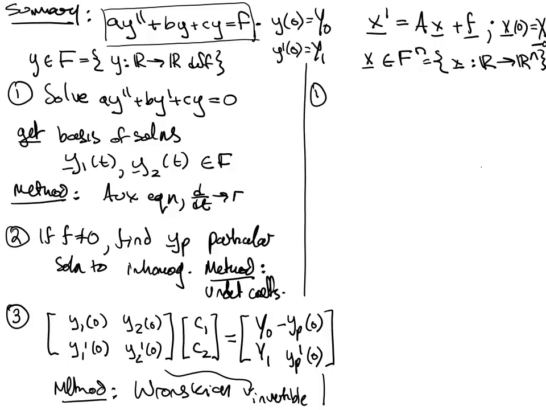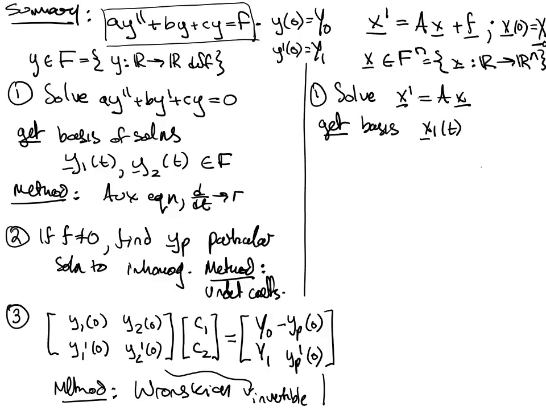But actually at a high level the steps are exactly the same. So the first step is to solve the homogeneous part, which is x prime equals Ax. And when you do this, you get a basis of n solutions, which let's call them x_1 through x_n.